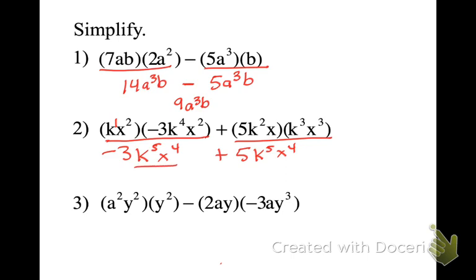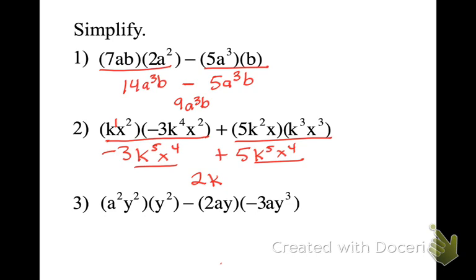Okay, do they match? Are they like terms? Yes. Then they can be added or subtracted? 2 k to the 10th, x to the 8th. No, not to the 10th. The variables stay the same. If I have 5k to the fifth, x to the fourth, and I take 3 of them away, how many of those terms are left? 2.